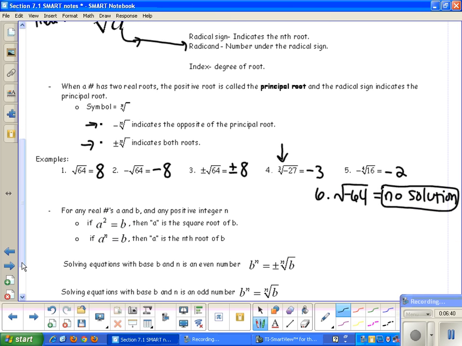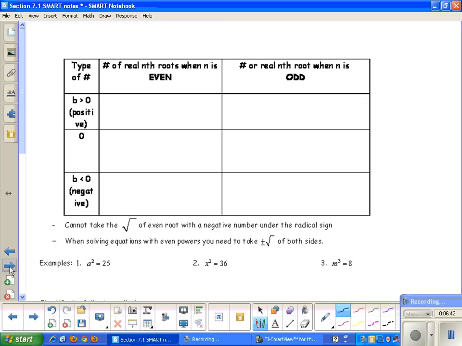Okay, so let's go to the table that we have on our other page. The table shows the number of solutions when you're solving equations in the form of a to the nth equals b. So you're solving for a in this case. Now, if your b value is greater than 0, then you're going to have two solutions if the index is even, and if it's odd, you're going to have one solution.